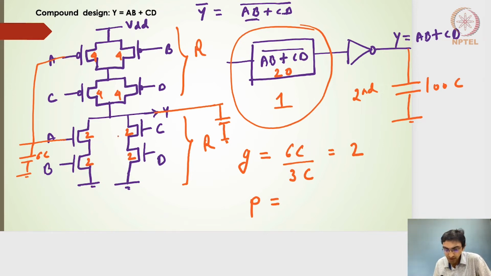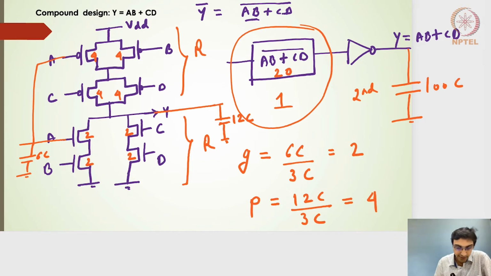The overall output node capacitance turns out to be 2 plus 2 plus 4 plus 4, so 4 plus 4, 8 plus 4, 12C. So I will have 12C divided by the 2:1 inverter's output capacitance of 3C. So the normalized parasitic will be nothing but 4.